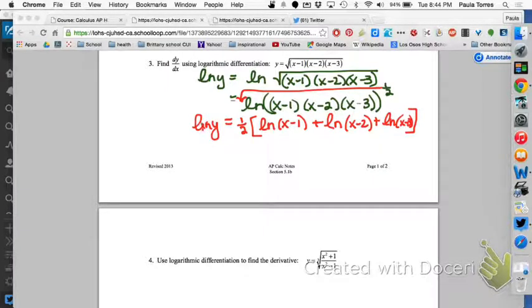And so now, when I take the derivative with respect to x, I'll have 1 over y, and then dy/dx. Remember, I have to take the derivative of the stuff. So 1 over the stuff times derivative of the stuff. And then that coefficient is going to hang outside.